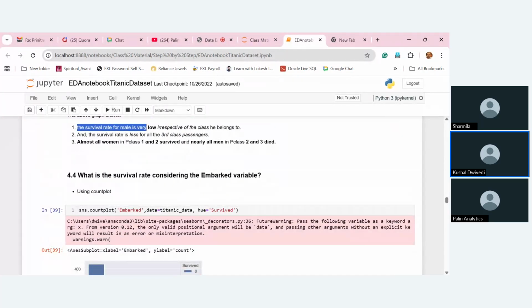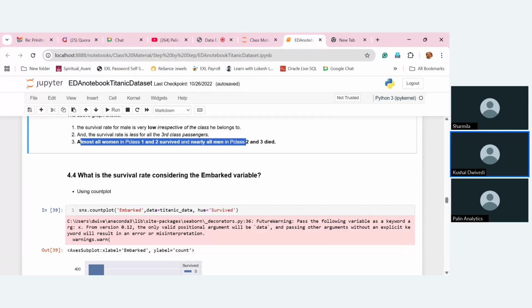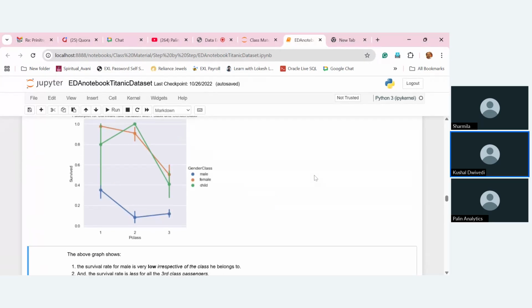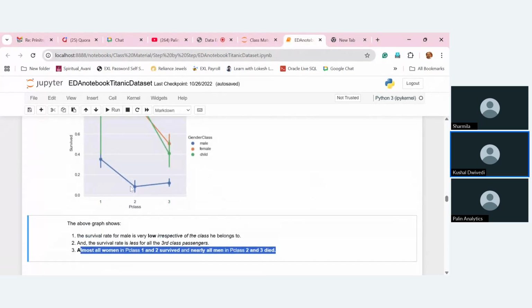So we can say the survival rate of males is very low irrespective of class. The survival rate is less for third class passengers, almost all women in passenger class 1 and 2 survived, and nearly all men in passenger class 2 and 3 died. You can see here this is almost at 2.